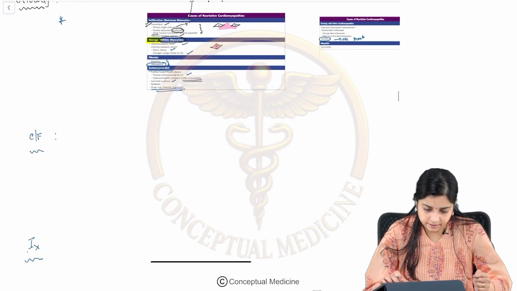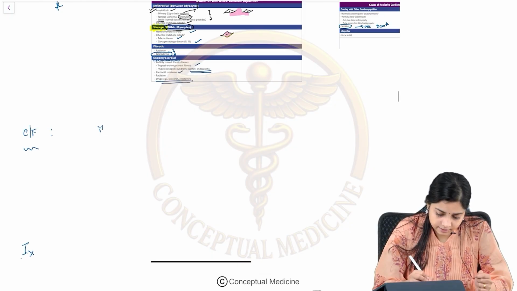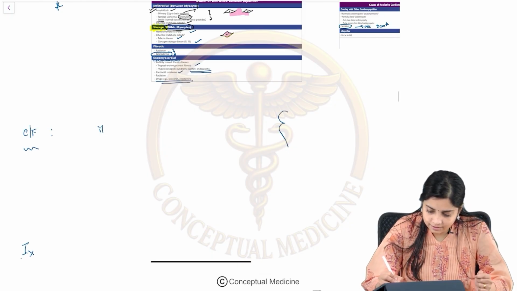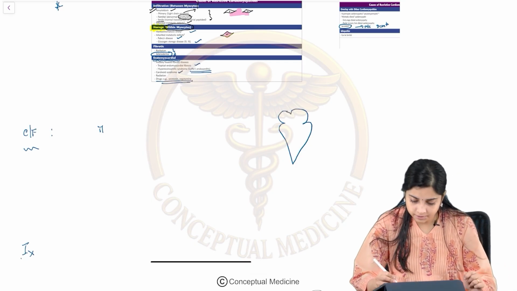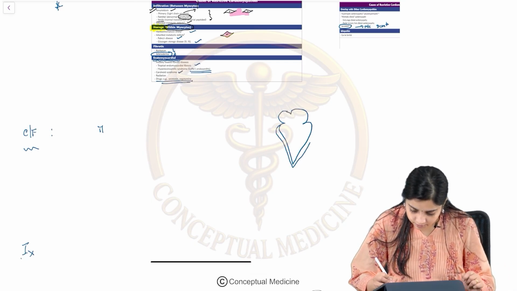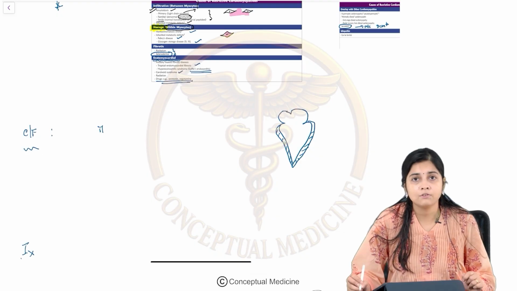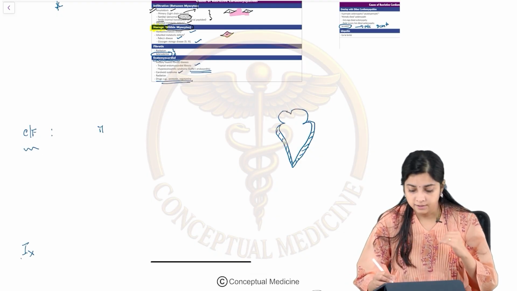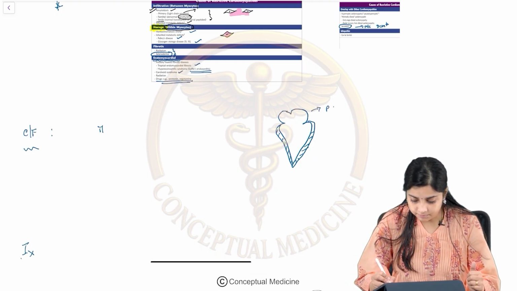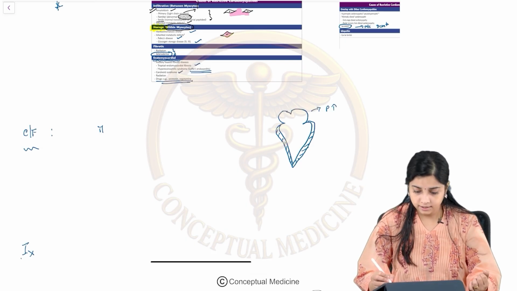Let us look at the clinical features. So what happens in restrictive cardiomyopathy is that there is stiffening of the ventricles. Because of this infiltration, there is stiffening of the ventricles. So over the course of time, what happens to the pressure? The pressure in the atria increases.